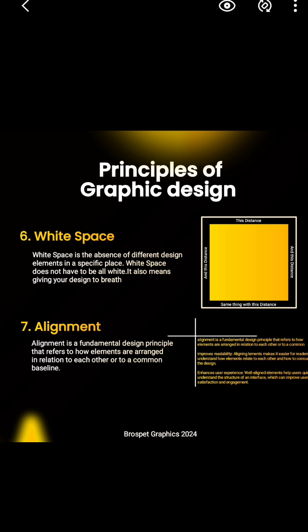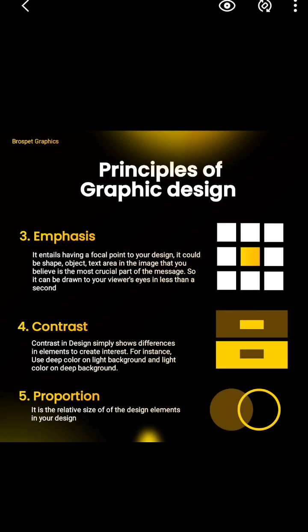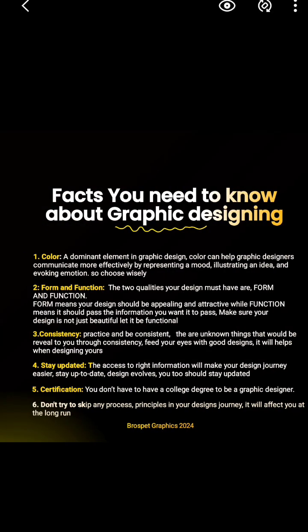And principles are the rules we must follow to be able to use those elements professionally in our design. That's what principle means. We have talked about white space, alignment, emphasis, contrast, proportion, hierarchy, balance. The next is facts you need to know about graphic design.